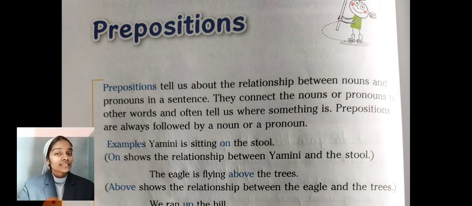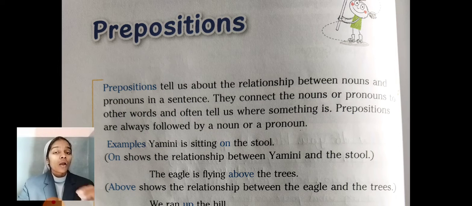So prepositions are always followed by a noun or a pronoun; it usually comes before the noun or pronoun. Please look at this example. Yamini is sitting on the stool. We are getting the answer to the question, where is Yamini sitting?